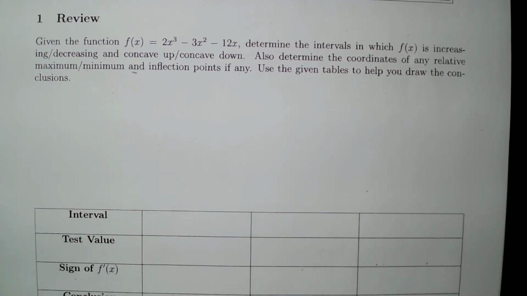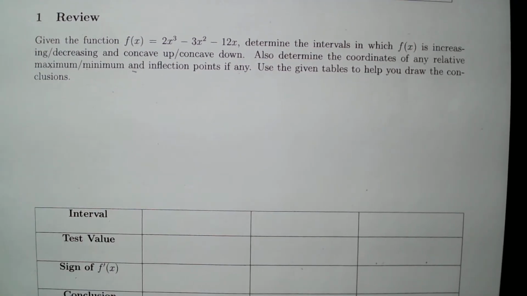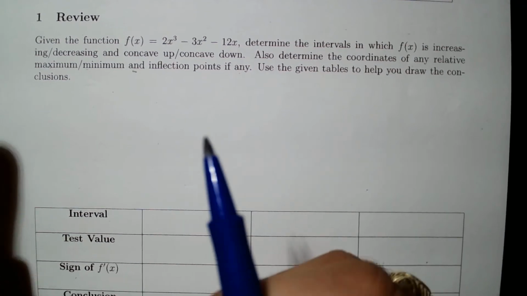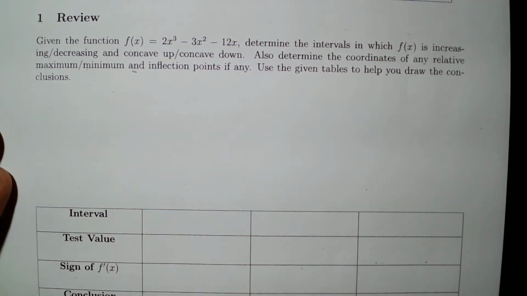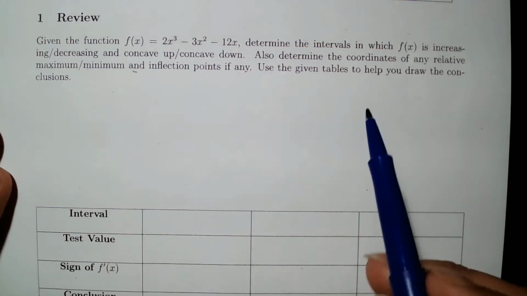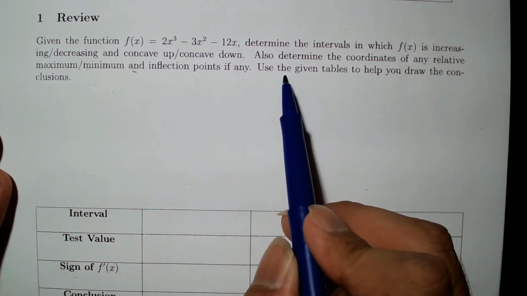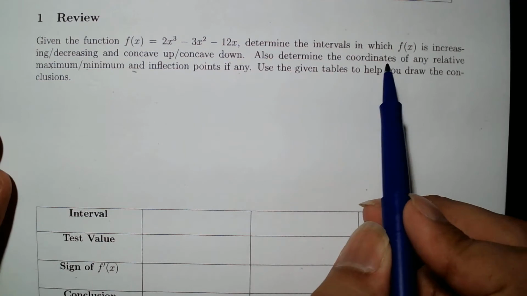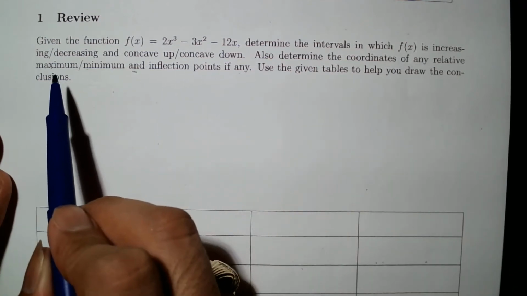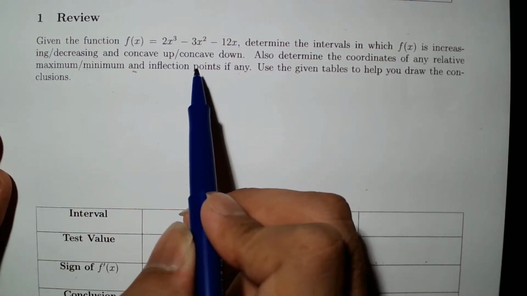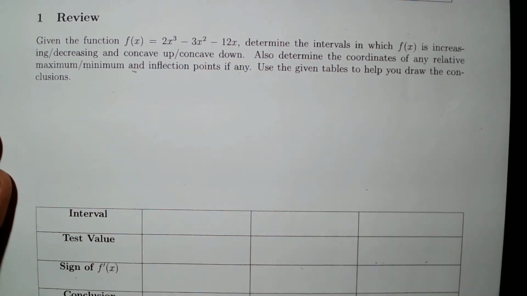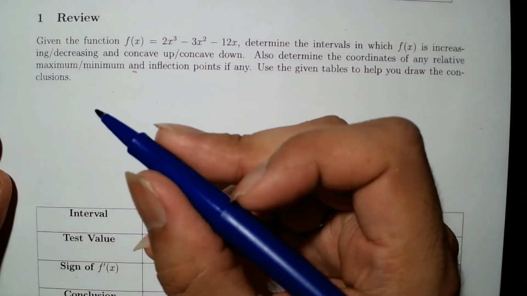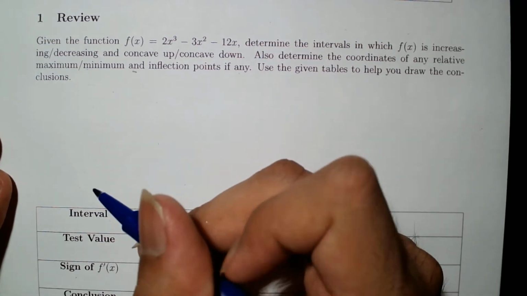Before moving on to the multivariable case, it would be a good idea to do a little refresh of Math 121. What's the process to determine the coordinates in which a given function has any relative extrema, such as max or min, inflection points, if any, and intervals in which the function increases or decreases, and where it's concave up or down?